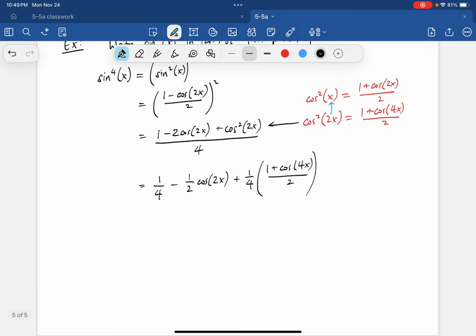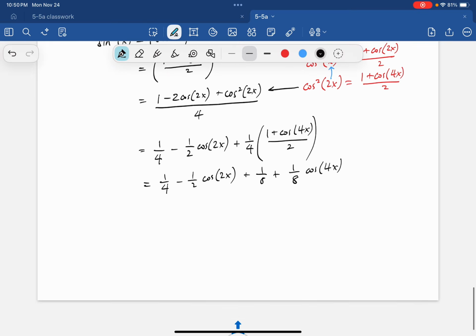Okay? And so now I can keep expanding this. I can expand that 1/4, distribute it over that fraction. That's going to give me 1/4 minus 1/2 cosine 2x. All right, and here I have a 1/2. So when I multiply by 1/4, I get 1/8. And then the other term here is a 1/8 cosine 4x.